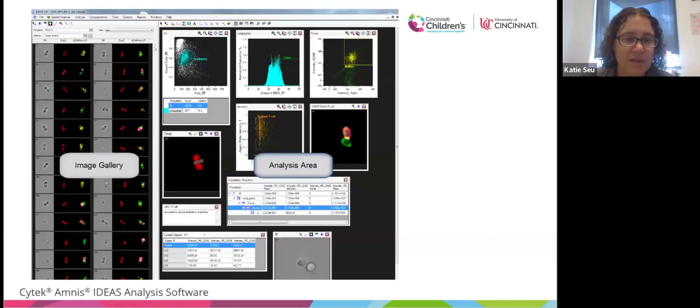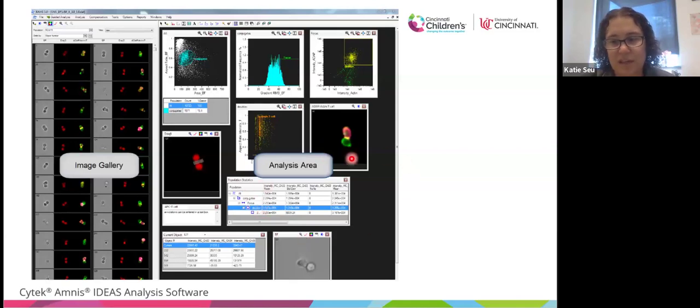So this is what the analysis looks like, just to give you a really brief idea. If you've never seen it before, you have your analysis area where you have your flow cytograms that you're used to seeing with flow cytometry, and histograms of whatever parameters you find meaningful for the analysis you want to do.